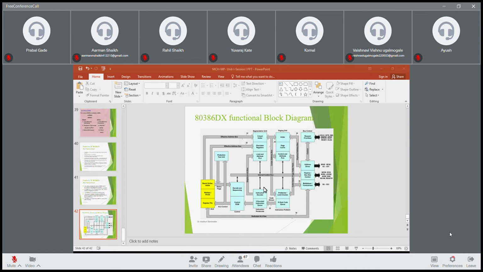The same function applies for the 386, even for the Pentium also. Let me know.